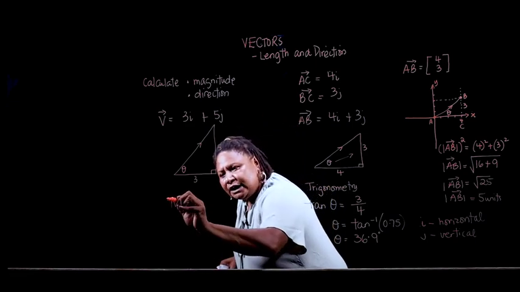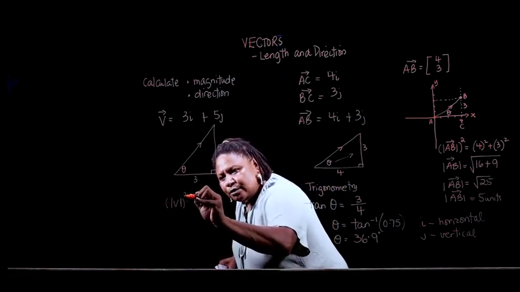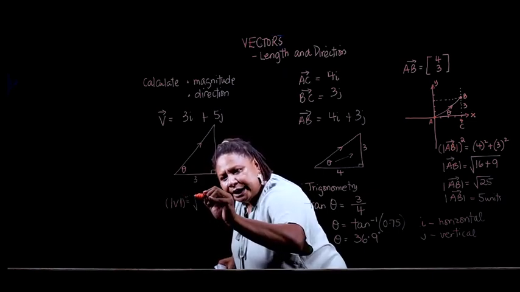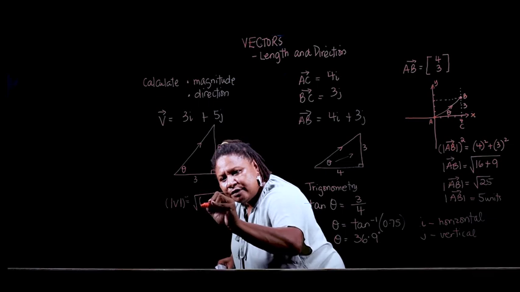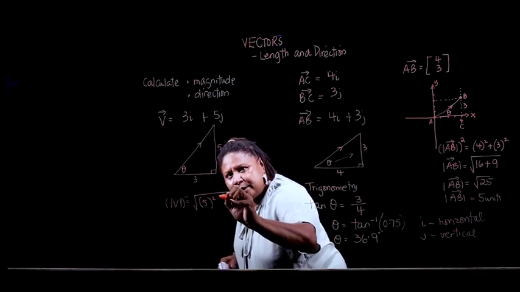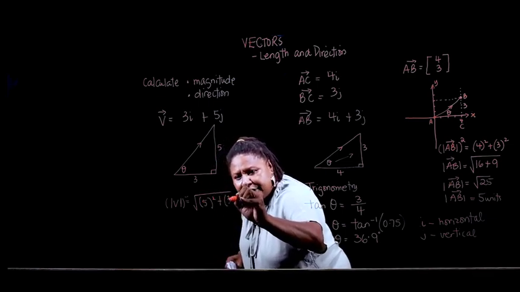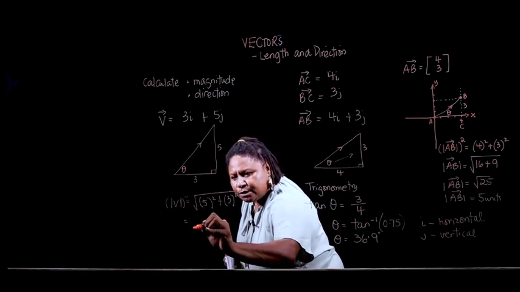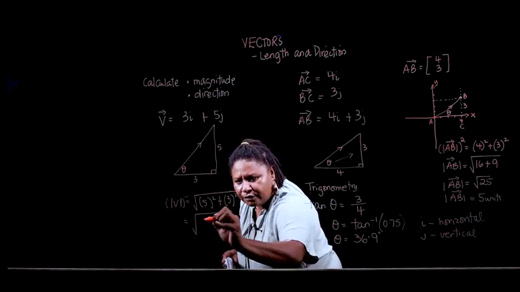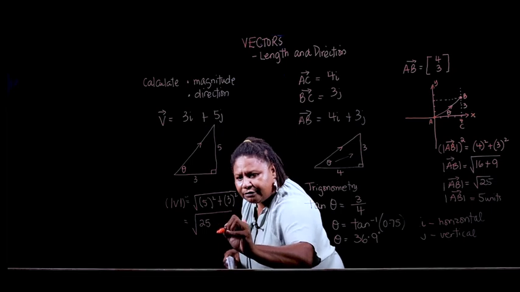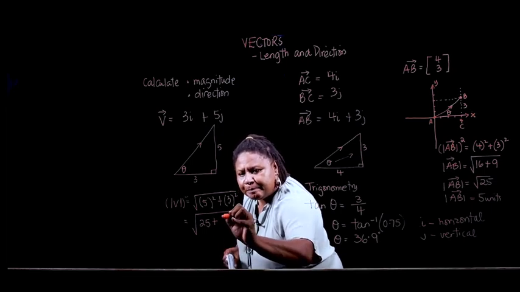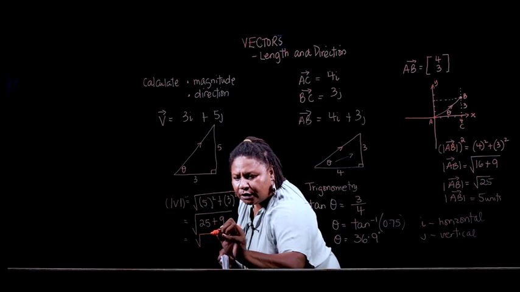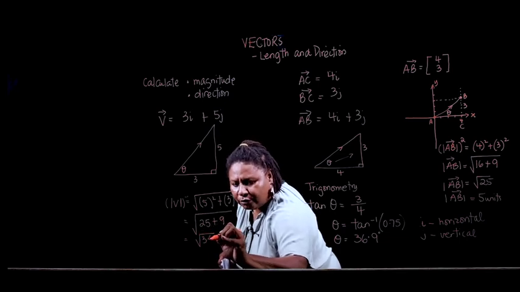So the magnitude of vector V is equal to the square root of 5 squared plus 3 squared. 5 squared is 25, so root of 25 plus 9 is equal to root 34.